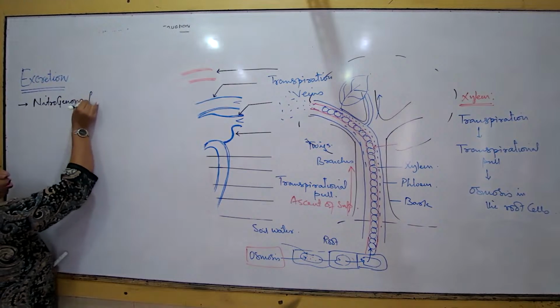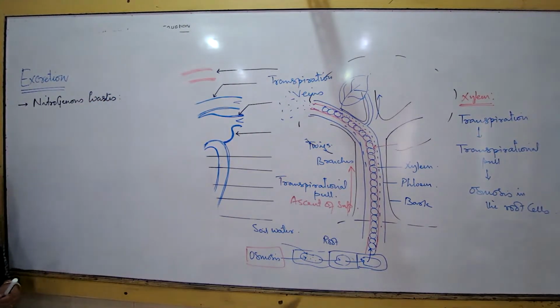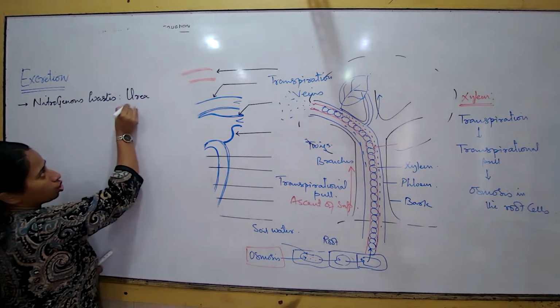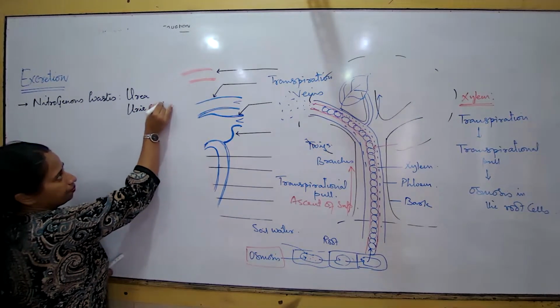What are some nitrogenous wastes in our body? The very harmful, very poisonous ones are urea and uric acid. We are terrestrial organisms, and for us the most toxic are urea and uric acid.